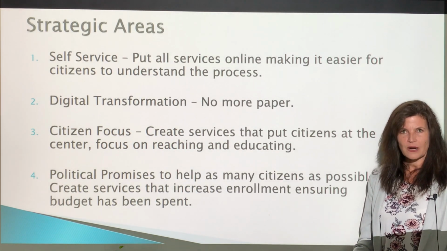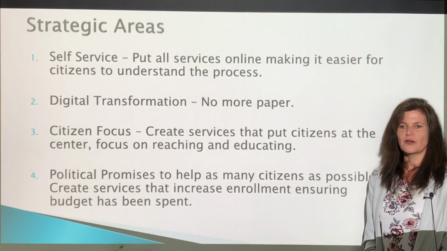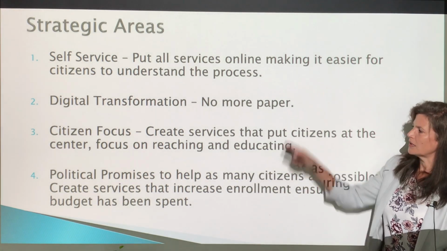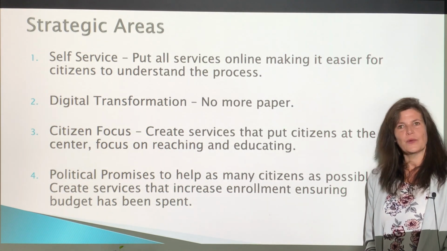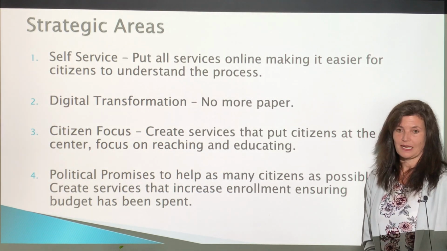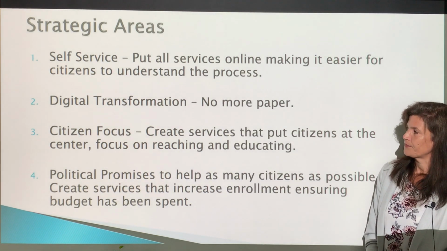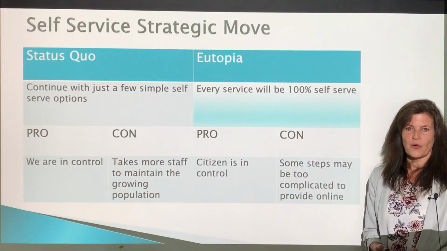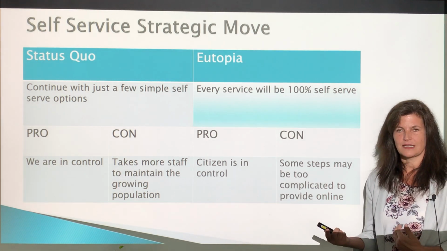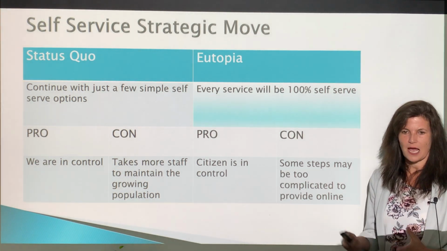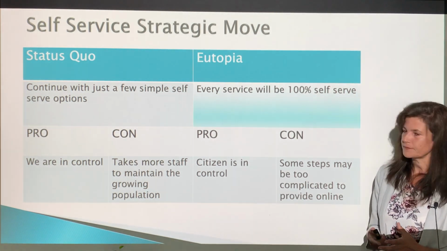So going back to our fictitious organization, we came up with the following strategic areas. And now we need to understand if we have the same meaning as the executives. So I might create a presentation slide for the executives. Here's an example of the self-service.